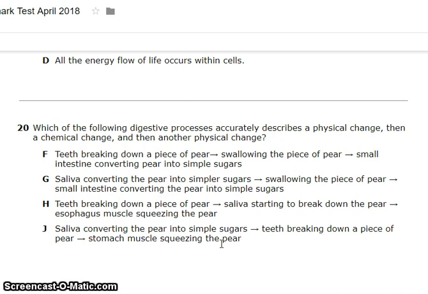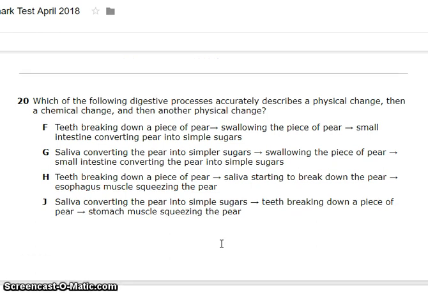G. Saliva converting the pear into simple sugars, swallowing the piece of pear, small intestine converting the pear into simple sugars. H. Teeth breaking down a piece of pear, saliva starting to break down the pear, esophagus muscle squeezing the pear. J. Saliva converting the pear into simple sugars, teeth breaking down a piece of pear, stomach muscle squeezing the pear.